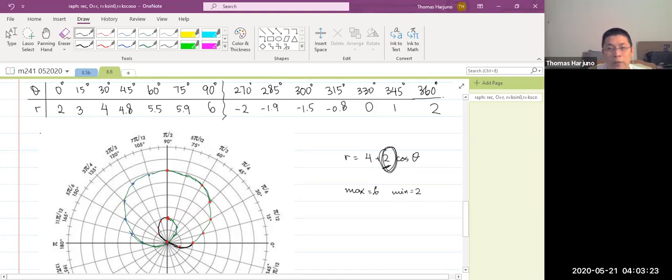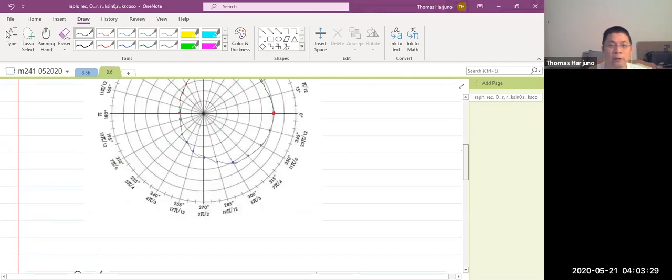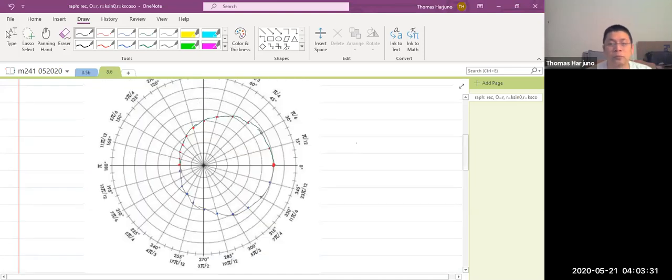Now, if the minimum is positive, there is no loop. You see that here? The minimum is 2, that's positive, so no loop. We call that no inner loop.